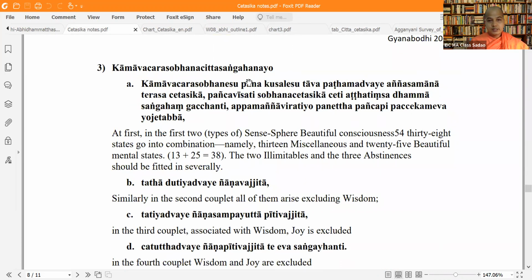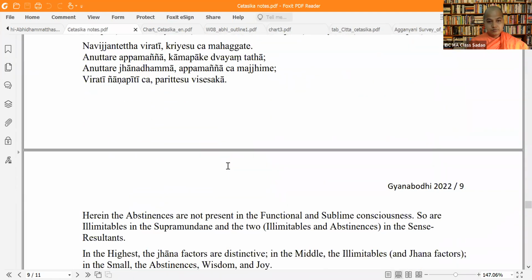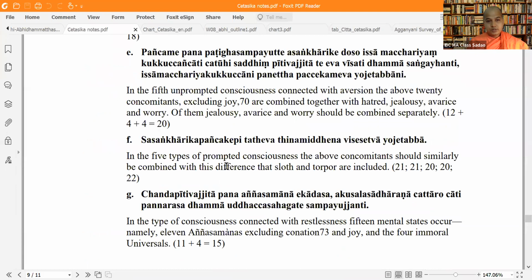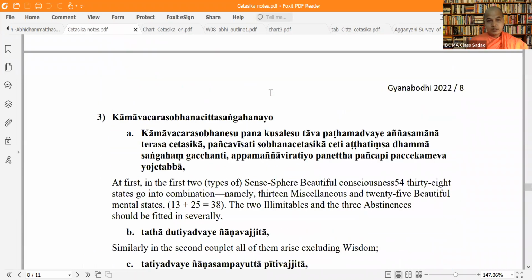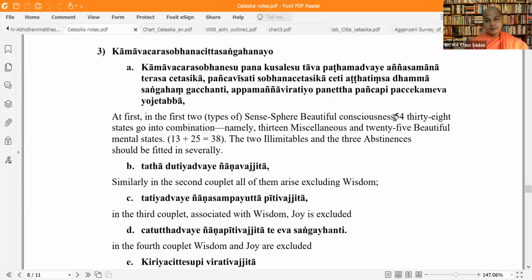Now, Kamavachara Sobhana Chitta Sangaha. Kamavachara Sobhanesu Panna Kusalesu Tava Pathama Dvaye Annasamana Terasa Cetasika Pancavisati Sobhana Cetasika Ceti Atthatimsa Dhamma Sangaham Gacchanti; Appamanna Viratiyo Panettha Pancapi Paccekameva Yojetabba. In the first two types of sense-sphere beautiful consciousness, 38 states go into combination, namely 13 miscellaneous and 25 beautiful mental states.